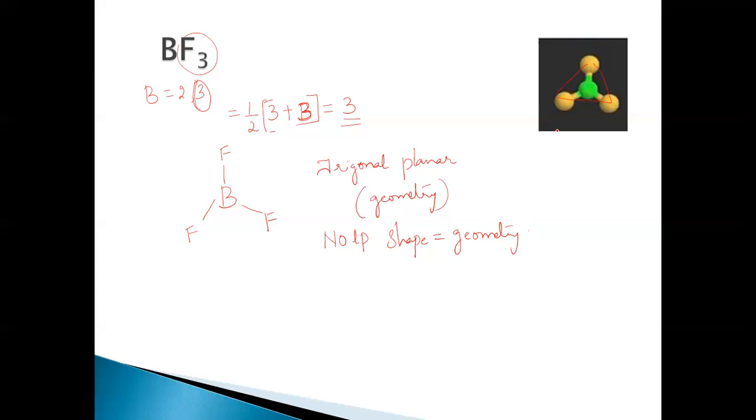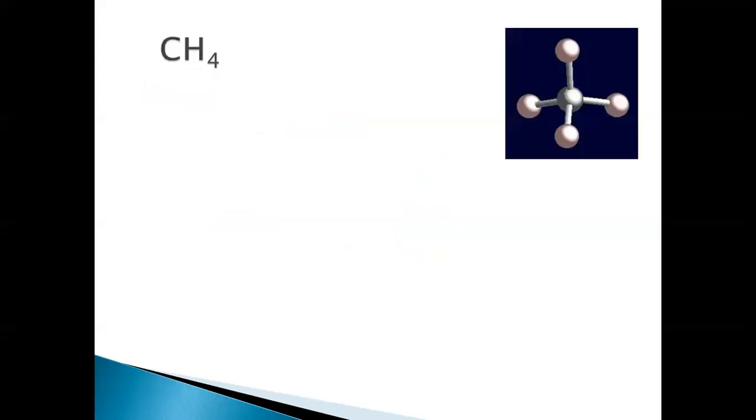Now coming to the next example, I'm taking methane here. This carbon is again 1s2, 2s2 and 2p2, right? So carbon is 6, and the electronic configuration is this.